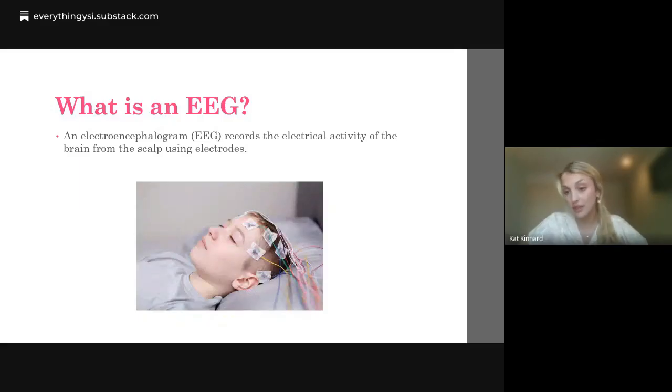However, whenever millions of neurons communicate to one another and transmit this electricity, we're able to apply scalp electrodes and monitor that activity. So a common misconception is that EEGs are introducing electricity. It's not shocking the patient. We are simply placing little cameras recording the electricity that's going on inside of your brain.